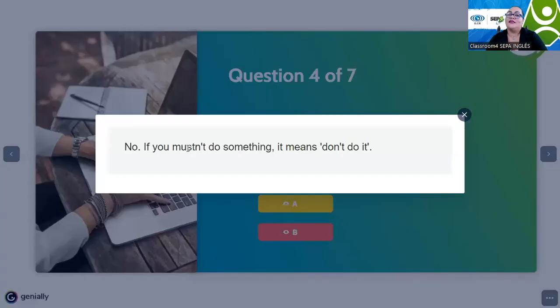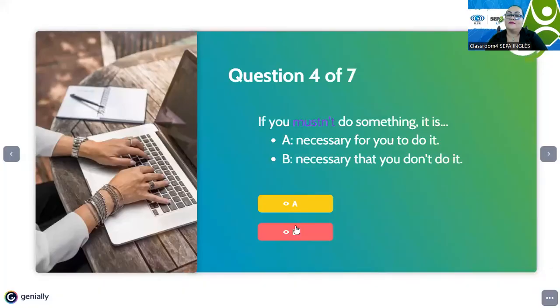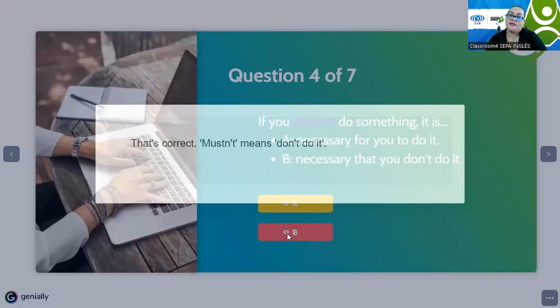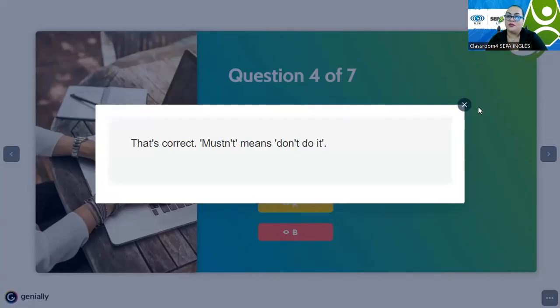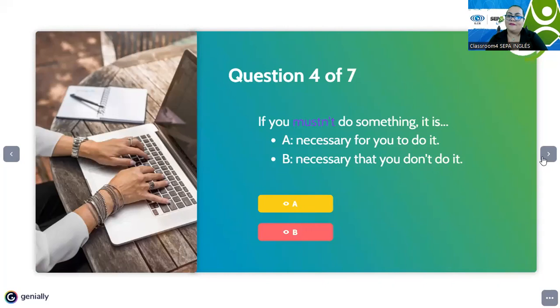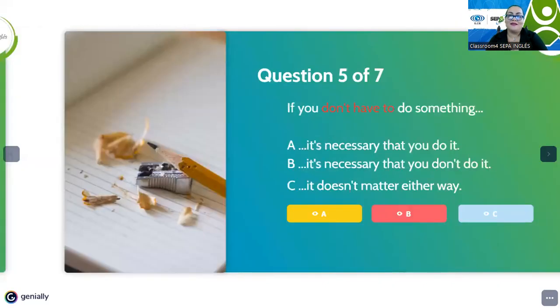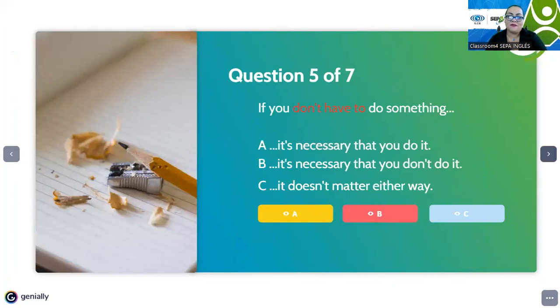Very easy, right? Are you understanding? Do you have any doubts?